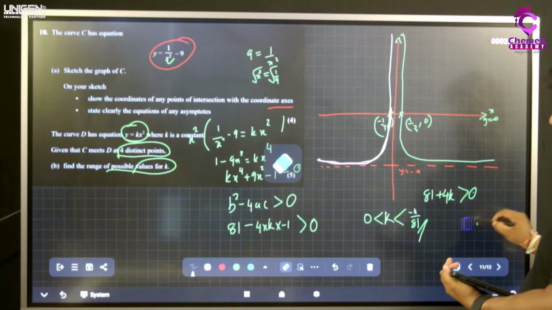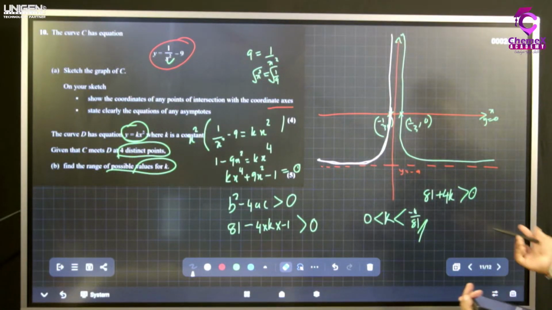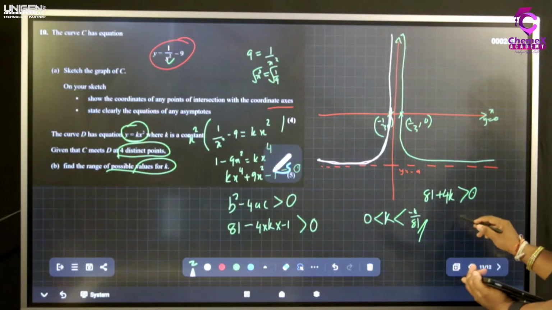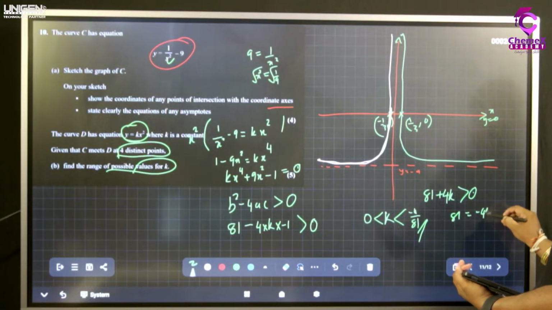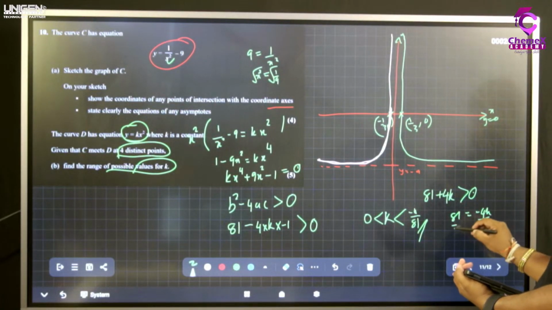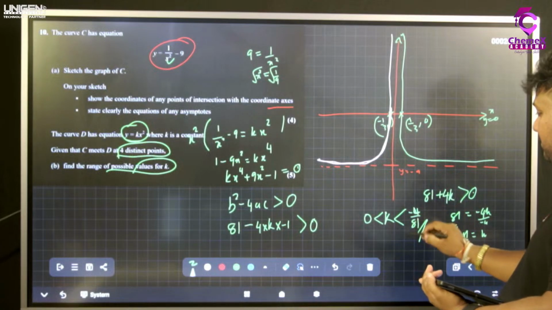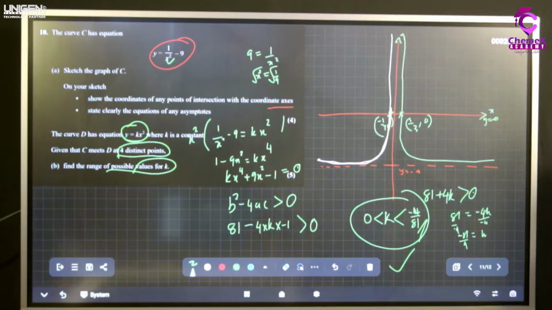Why? Because you take it to the other side and solve, no? You can't solve it like this. So 81 is minus 4k divided by minus 4. K is equal to minus 81 over 4. So that's why it's minus 81 over 4. So this is the inequality which can give 4 solutions.